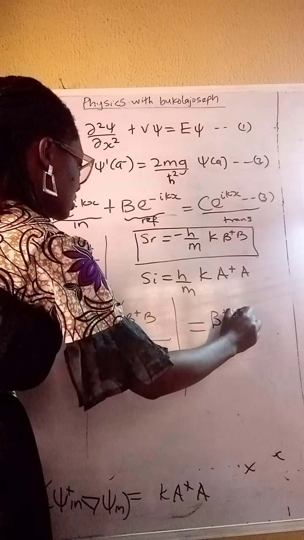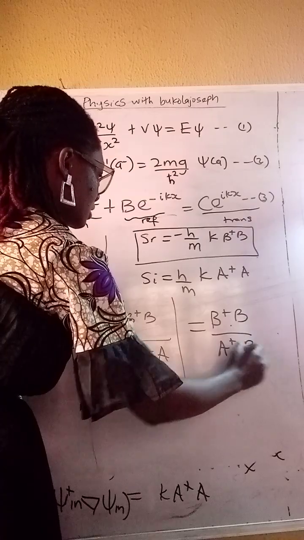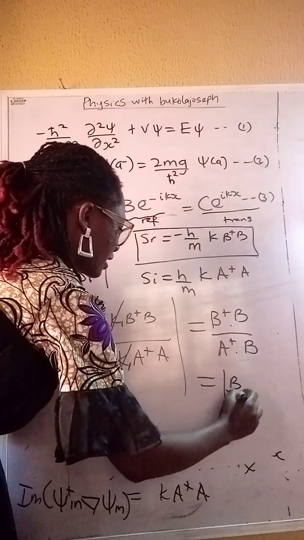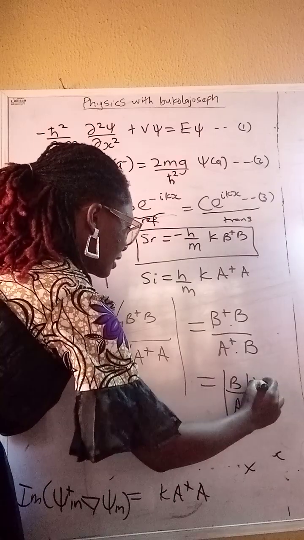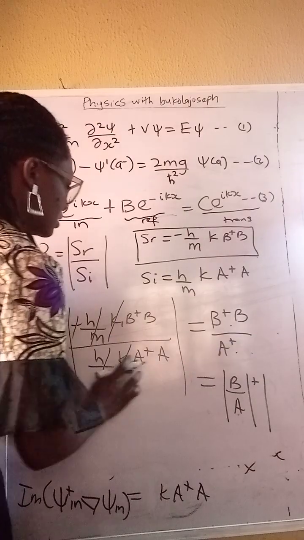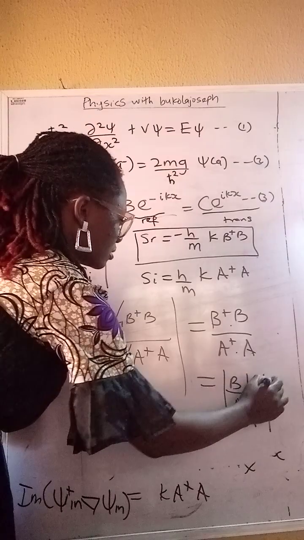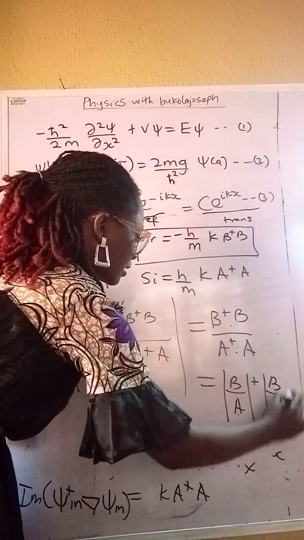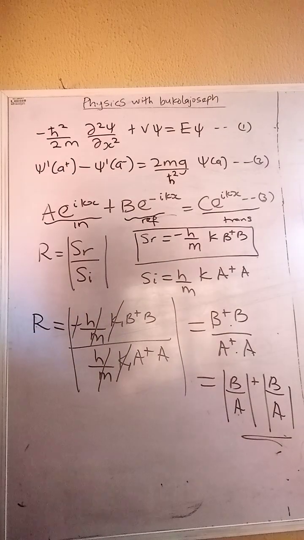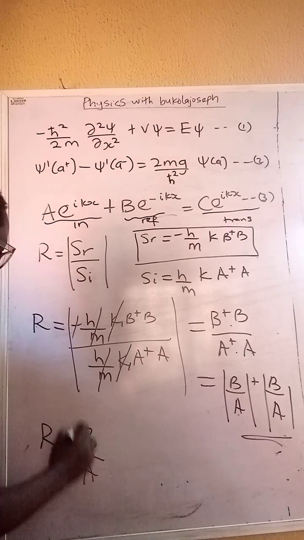B dagger B all over A dagger A. You remember it's multiplication, so it becomes B over A dagger, sorry I missed, it's A dagger A. It will now be B all over A. And this is the same thing as, it means that R is the same thing as B all over A squared.